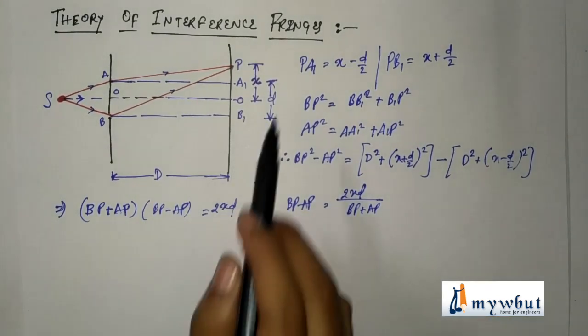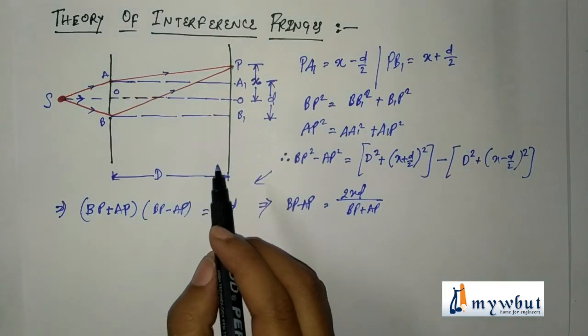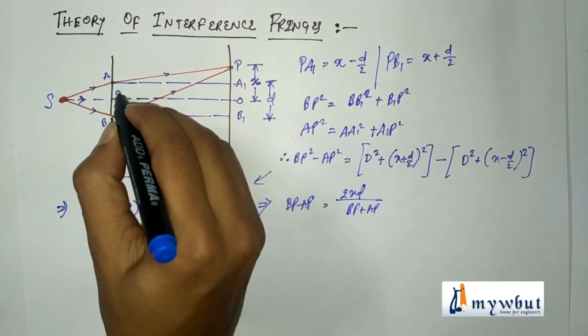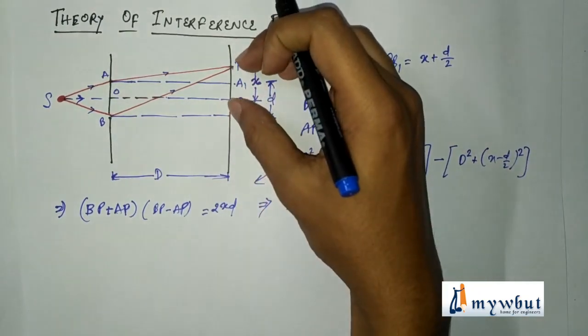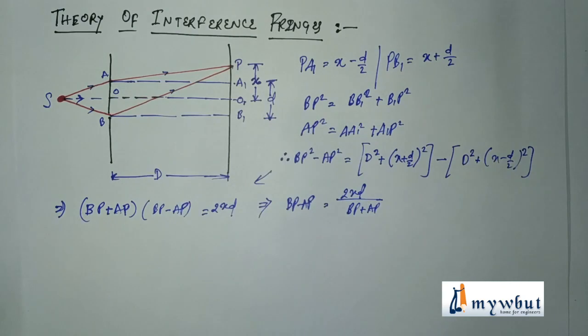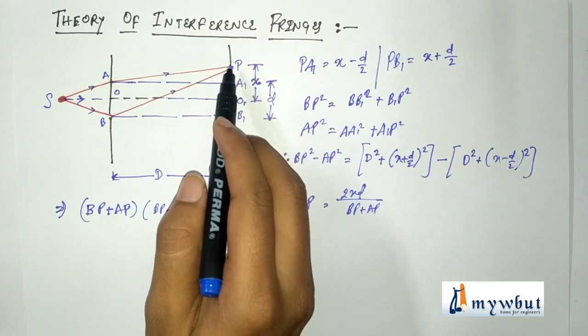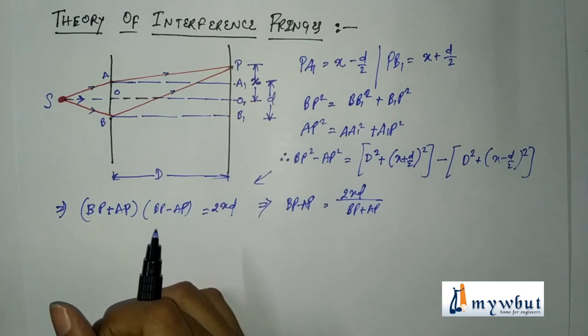In practice, point P lies very close to O. So it will be O and it will be O1 here. So point P lies very close to O1 because this experiment is a very small one. So BP we can consider as similar to AP because this distance is very small.